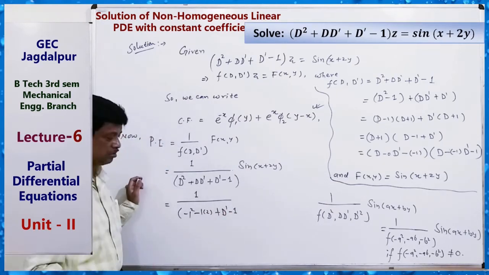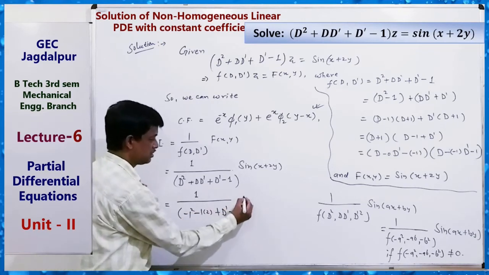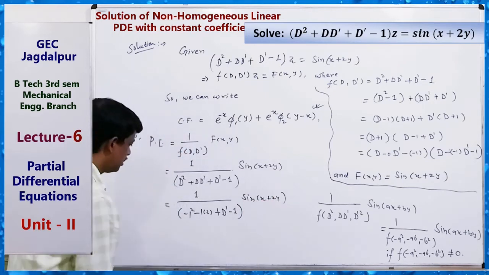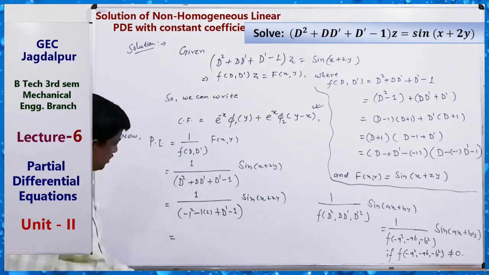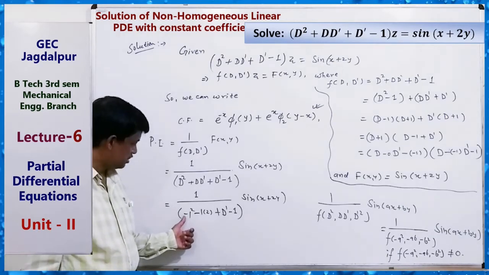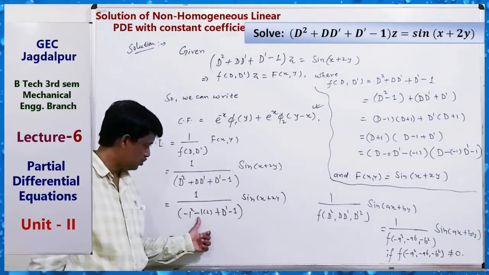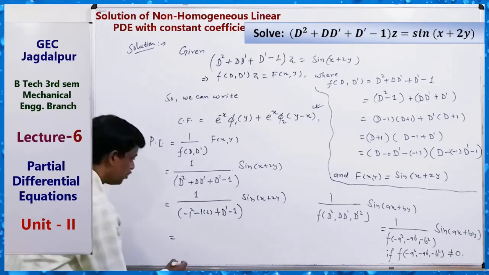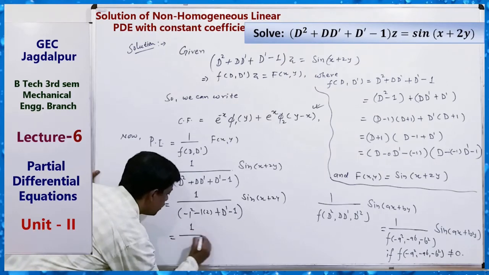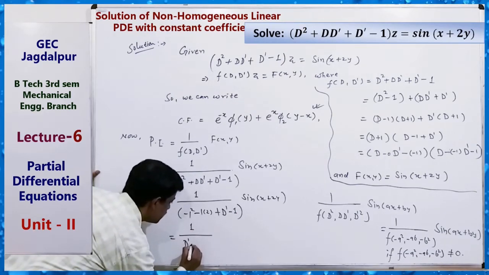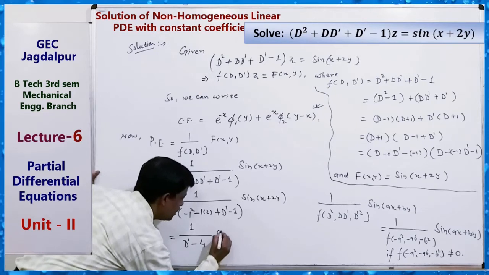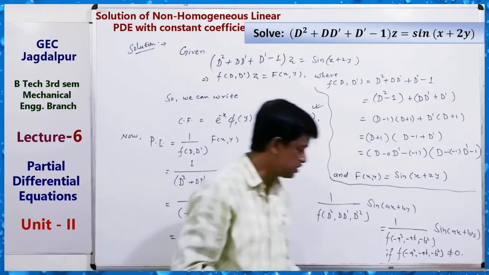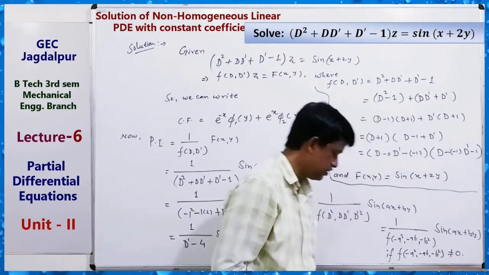Here only D', so we write D' and sin(x + 2y). After solving, −1 − 2 − 3 − 4, so 1 upon (D' − 4) sin(x + 2y). Clear?